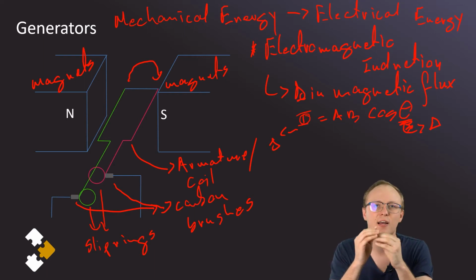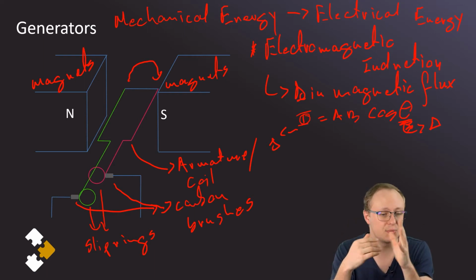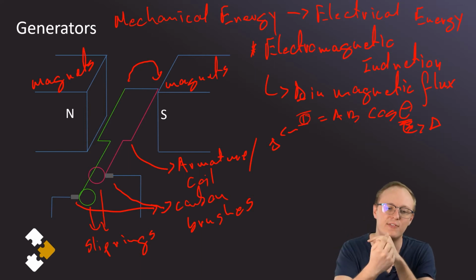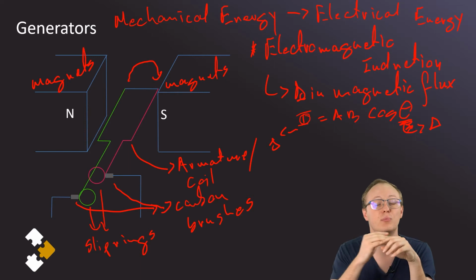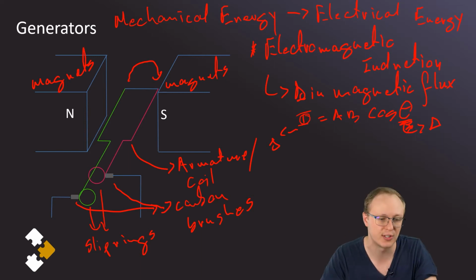And through that contact, the current that is being generated within that armature is going to move to the slip rings and then through the brushes to the external circuit. So in combination with the slip rings and the brushes, the armature is connected to the external circuit, and that's how the current gets from the armature where it's being generated to the external circuit where it can actually be used in some sort of useful way.